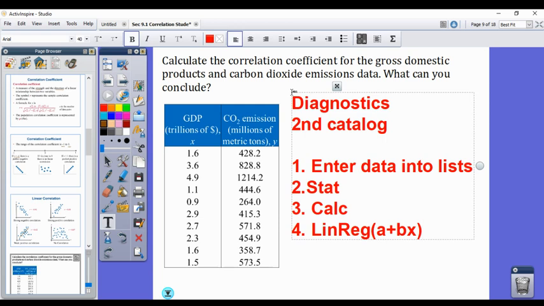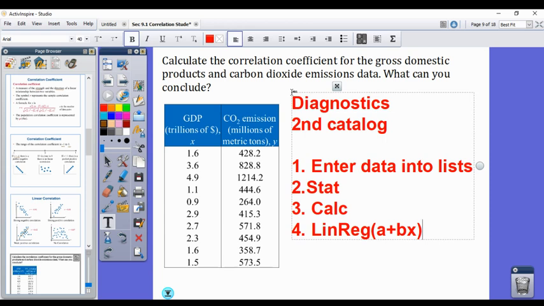All right, there's another thing that says frequency list when you select this. So you're going to tell the calculator that L1 contains your x values and L2 contains your y values. And then you're going to leave blank the thing that says frequency list. And then you're going to hit calculate, and it'll tell you what the R value is.